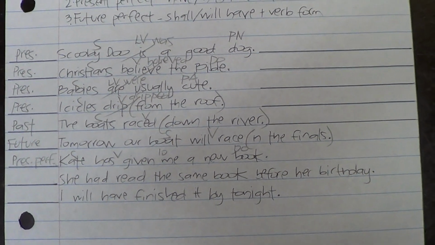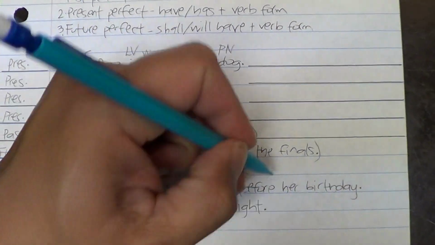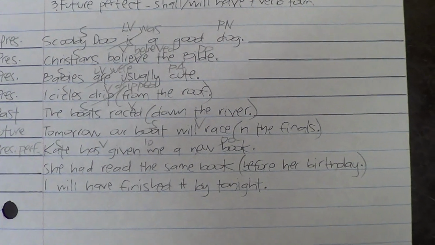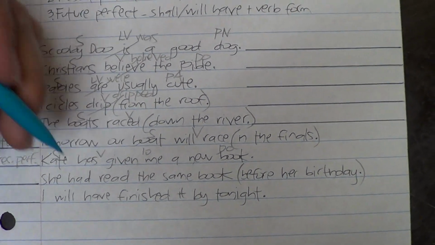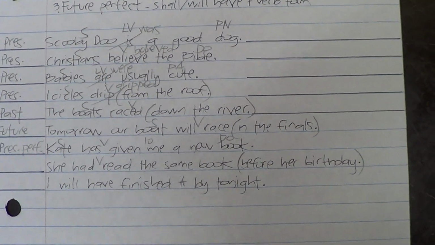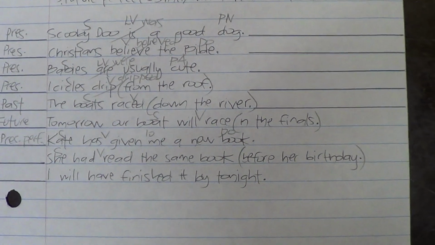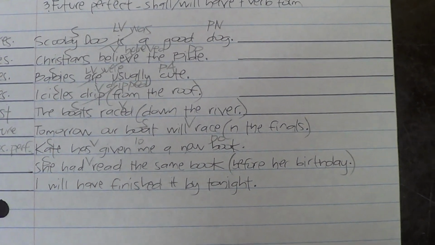She had read the same book before her birthday. Do you see any prepositional phrases? Good. Before her birthday. All right, what verb do you see? Hopefully you see there's more than one verb in here, and it is had read. Who or what had read? She had read. All right, let's see if there's an object. She had read who or what?